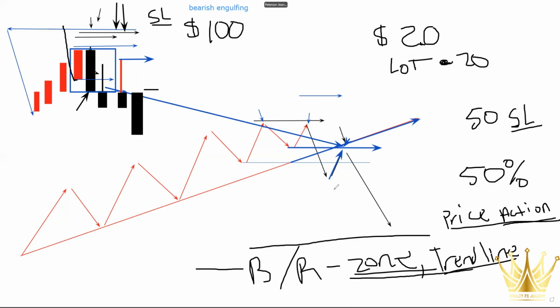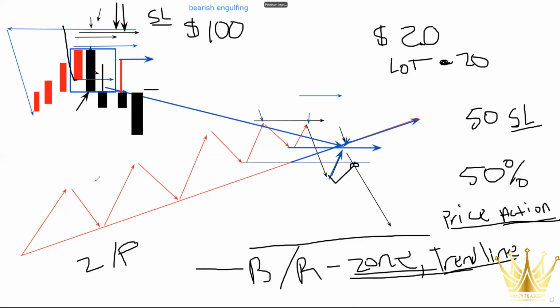Sometimes the trend line will be a lot higher, meaning the retest might be up here, at that zone, but you still have to have price action. So you always need to have zone and price action, but it is best to have the trend line with it, which indicates that the trend is reversing.